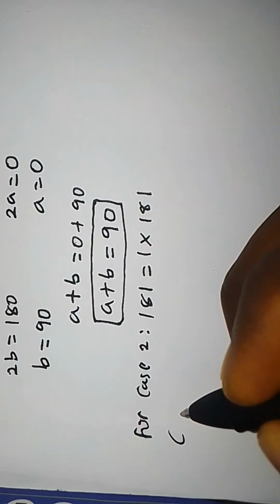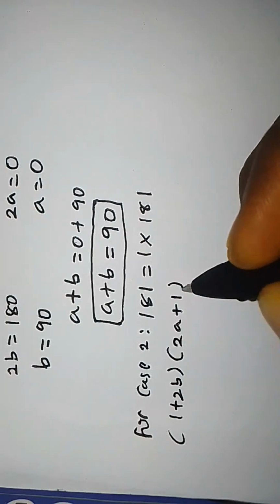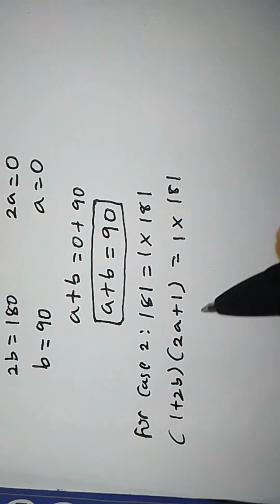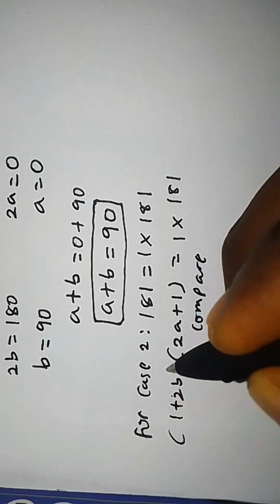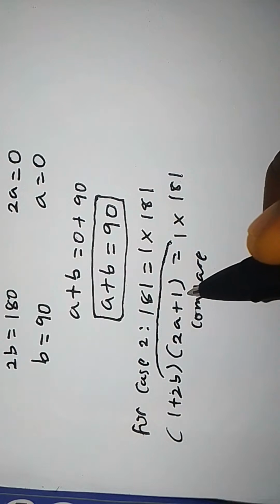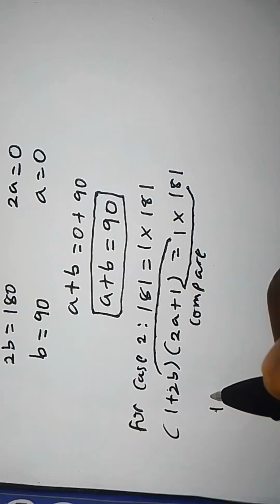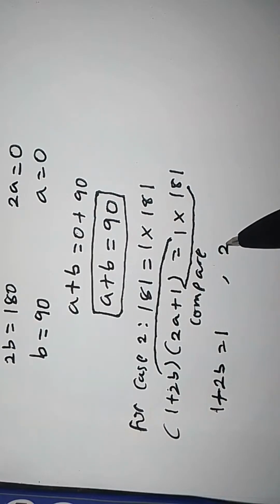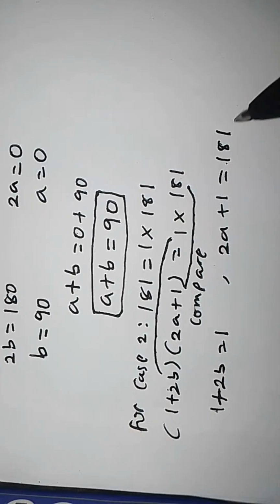So we have (1 plus 2b) times (2a plus 1) equal to 1 times 181. Let us compare as usual. 1 plus 2b has to be equal to 1, while 2a plus 1 will be equal to 181.